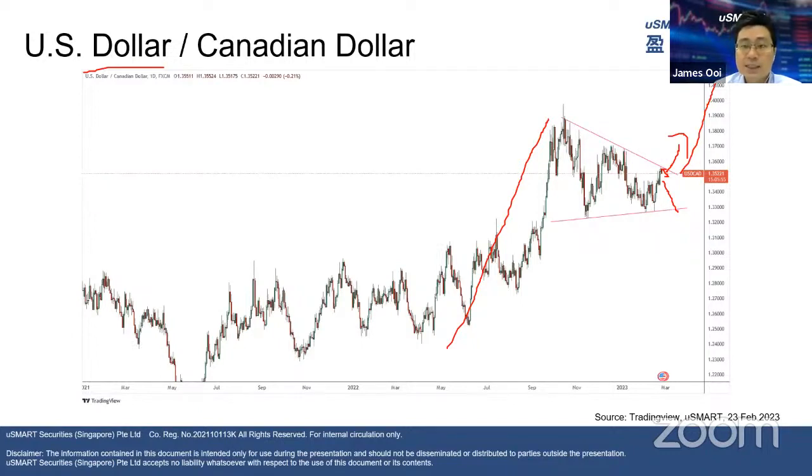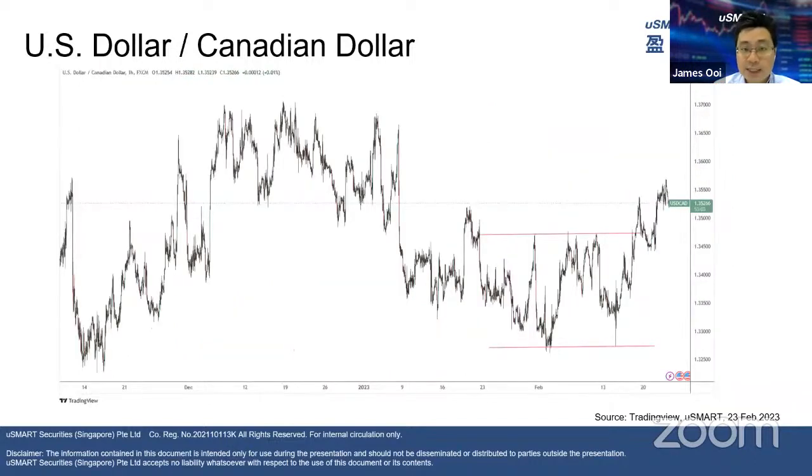Another reason for that is if you zoom in and look closer at the hourly chart instead of the daily chart, you can also see that it is actually forming a double bottom pattern, and it recently broke above the neckline here, and it looks likely to trend higher itself.